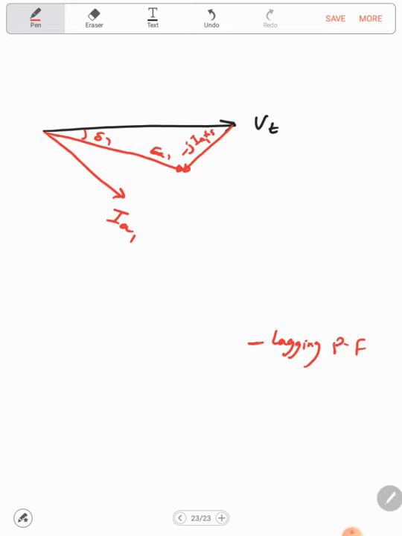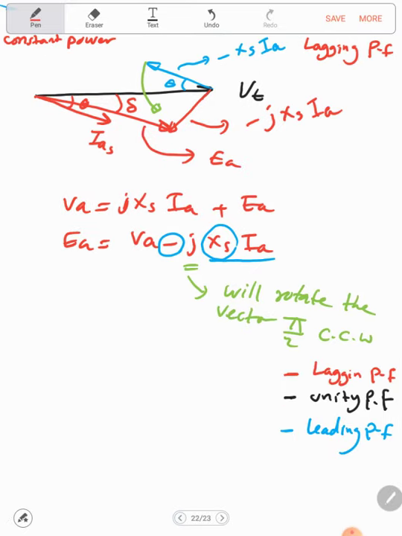Now, for unity power factor, we use the black for that.